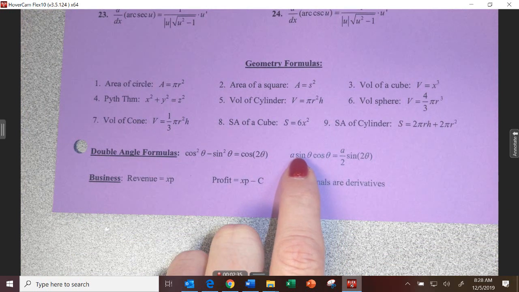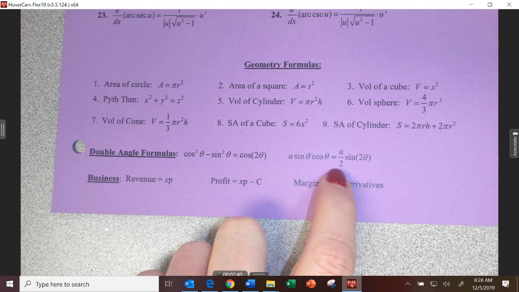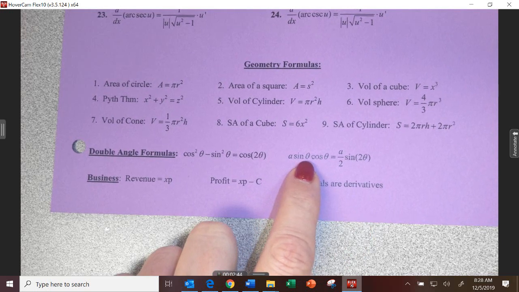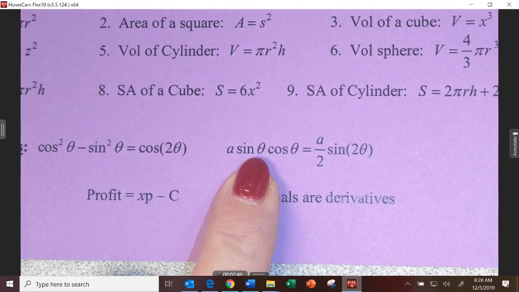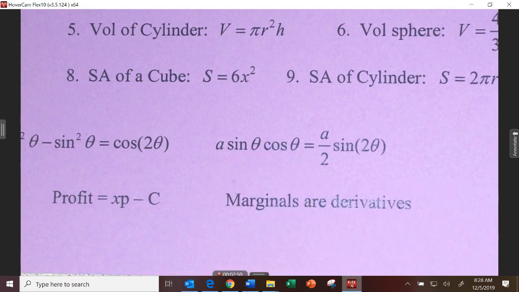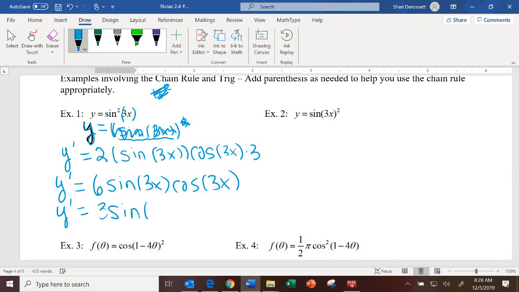It goes: sine theta cosine theta is equal to 1/2 sine of 2 theta. We have to always be looking for this pattern. We always want to look at our answer and see, does it follow this pattern? Let's look back at what we had. Do you see how we have that pattern? So what is this final answer going to be then? 3 sine 6x. Right, 3 sine of 6x. And that's going to be our best answer right there.